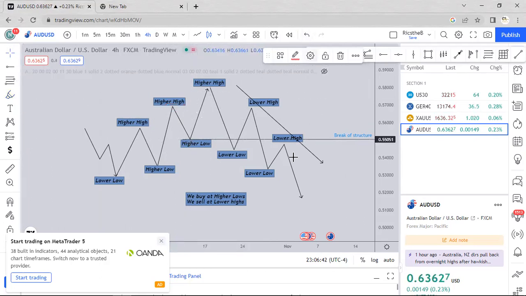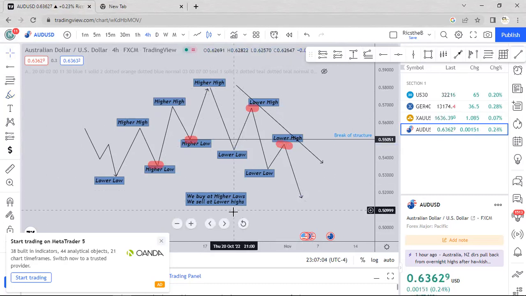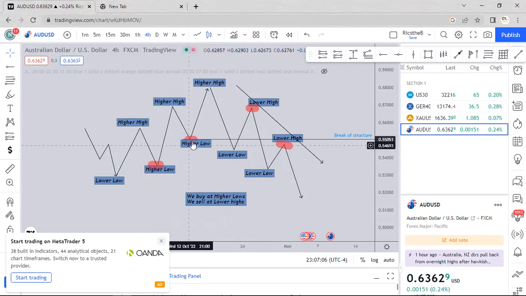So what you really want to be doing is buying at the cheapest prices, and this is where we have the cheapest prices right here. We want to be buying at the cheapest prices and selling at the highest prices right there. So keep this in mind. We buy at higher lows and sell at lower highs.